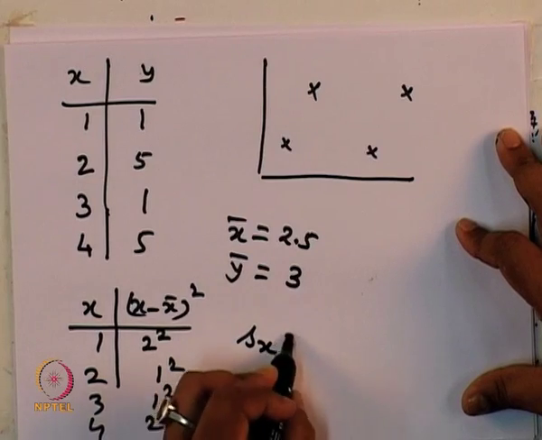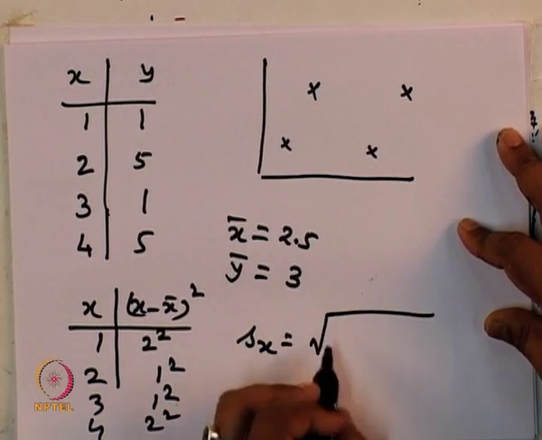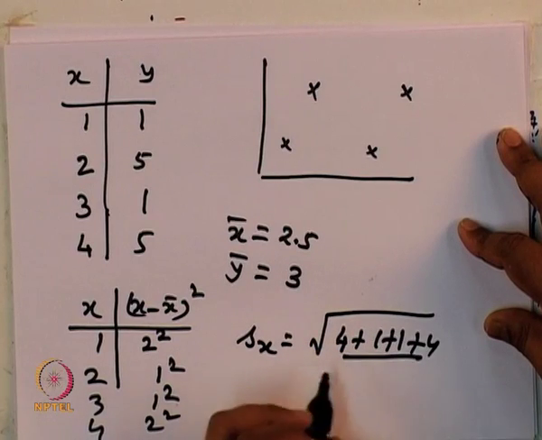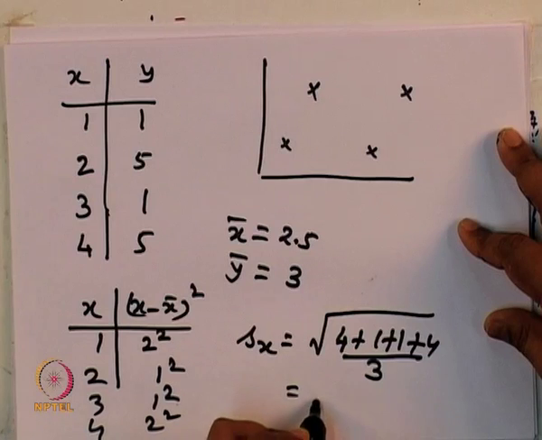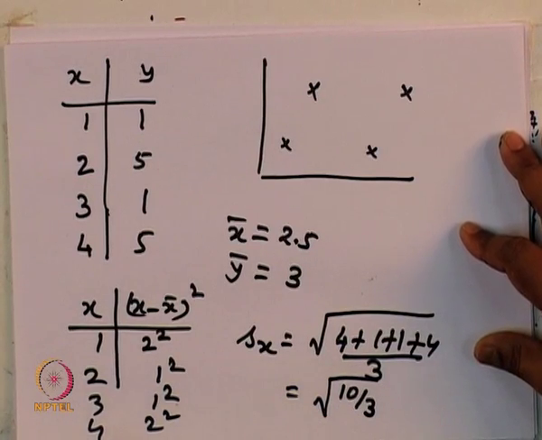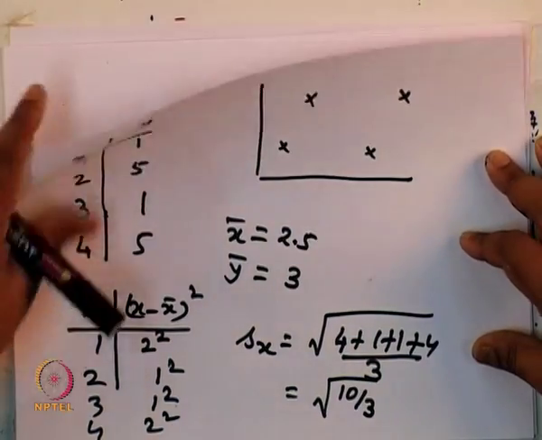So, Sx should give me a value of root of (4 plus 1 plus 1 plus 4) by (n minus 1), which is 3, equal to root of 10 by 3. Okay. Sx is root of 10 by 3.